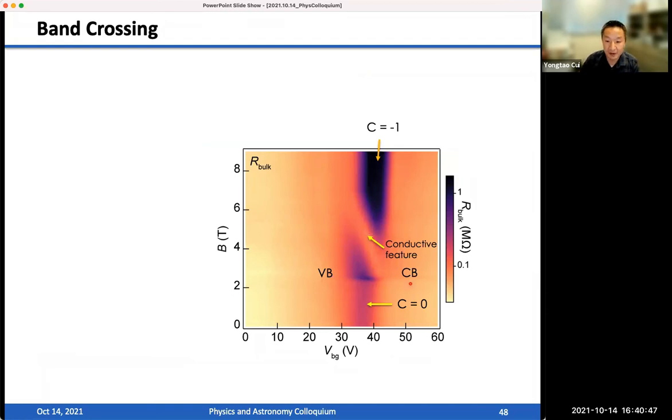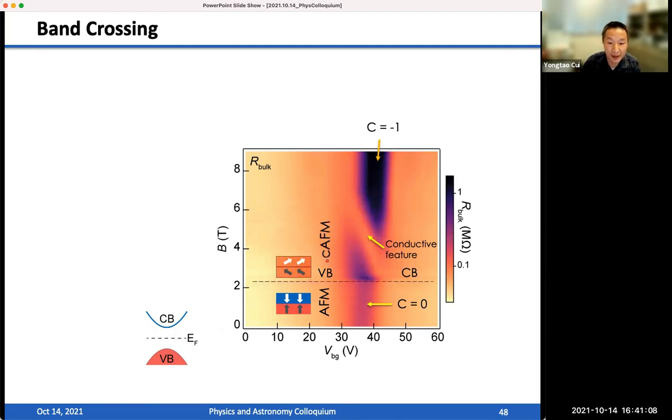So at higher doping, we have the system in the conduction band, and at lower doping, the Fermi level is in the valence band. And then basically in the zero field or low field case, there's an insulating state in between separating the valence band and conduction band. So that's what we expect for a trivial insulator. And then as I go to the canted AFM case, we see there's some conductive feature that splits off from the conduction band.